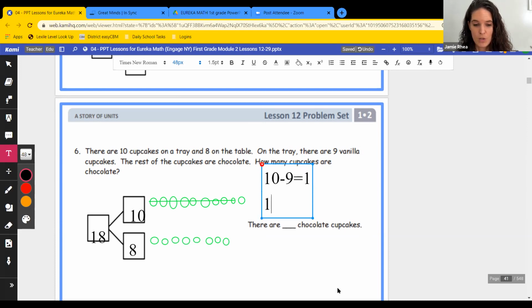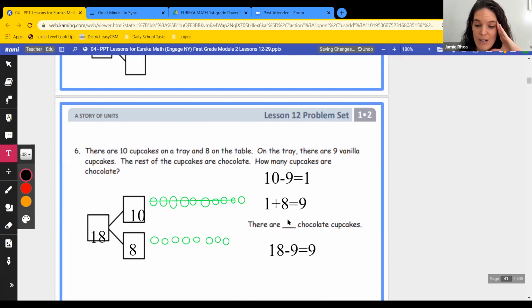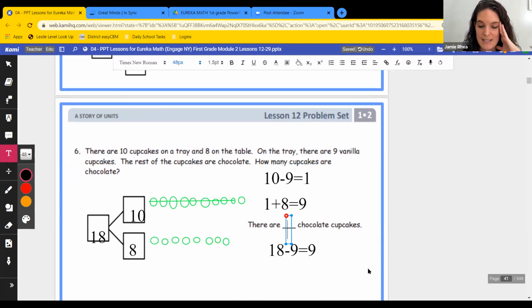Okay, now if I have 1 chocolate and 8 on the table, how many do I have all together there? 8, 9. Okay, so then I'm going to come down here and make another one. I can say 18 cupcakes minus the 9 chocolate cupcakes equals 9.